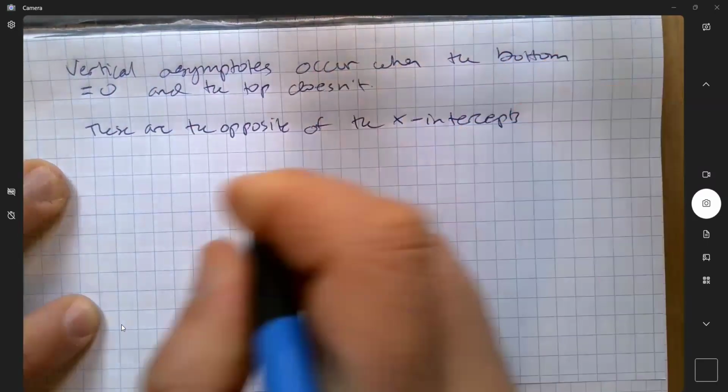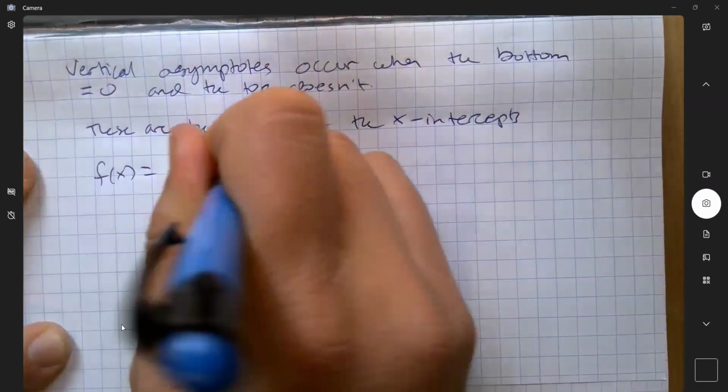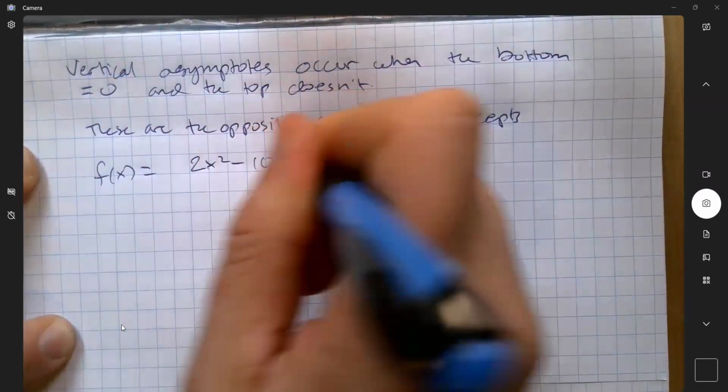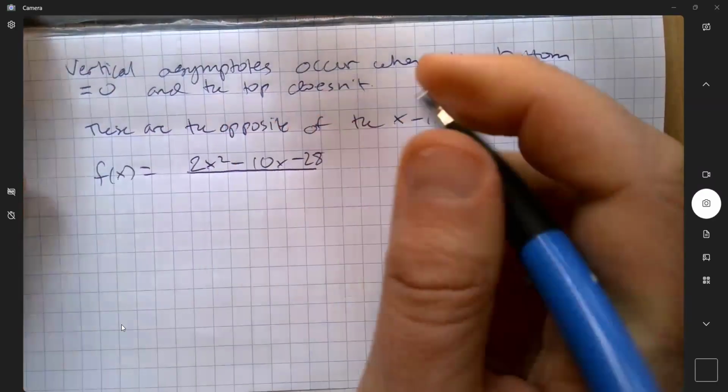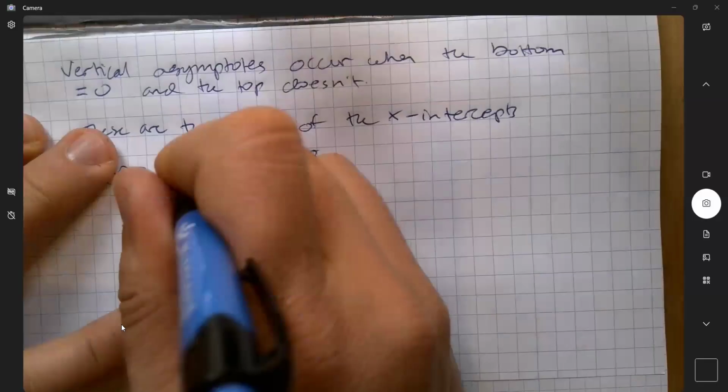So our whole function, which was 2x squared minus 10x minus 28, all divided by x squared plus 8x plus 15.